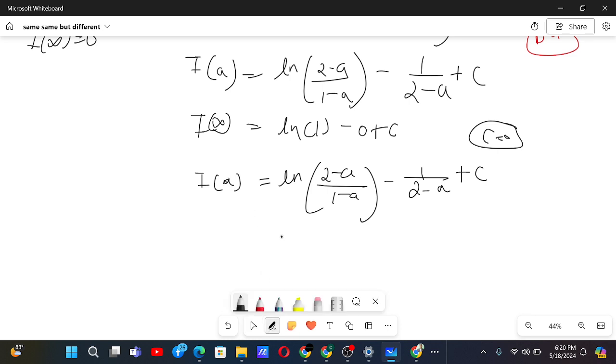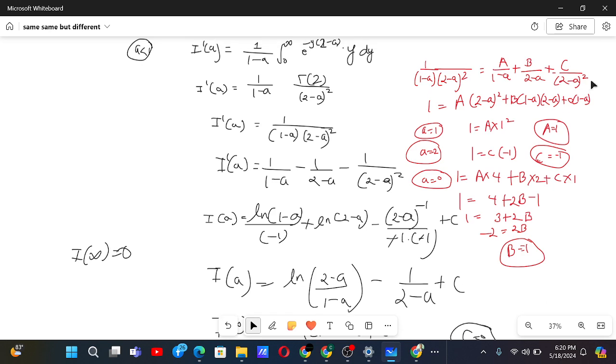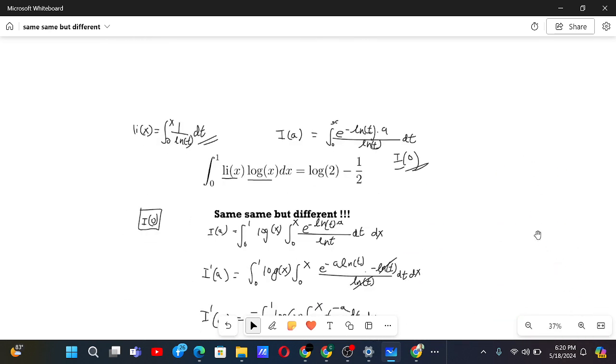That was clearly helpful. Now I of 0 is our required answer: ln of 2 by 1, which is ln 2, minus 1 by 2, and c is already 0. So this is how we got the solution. I of 0 is ln 2 minus 1 by 2, which is the required answer.